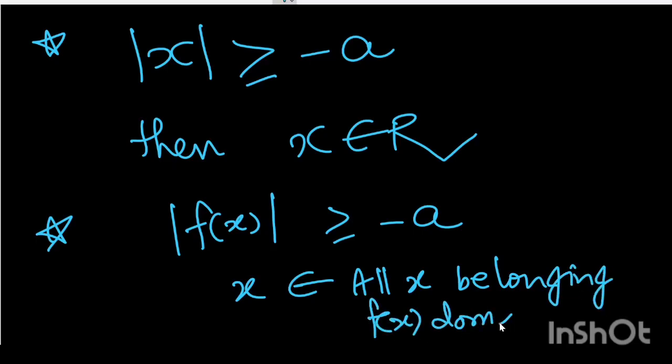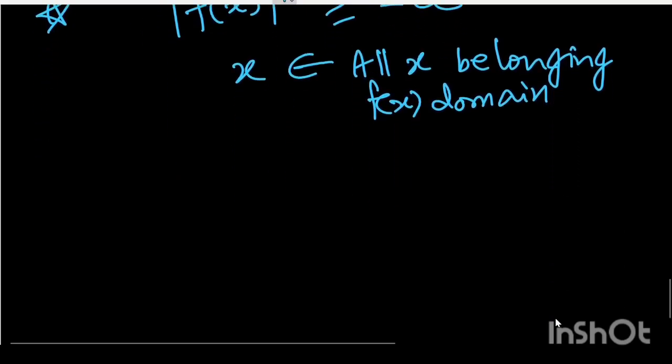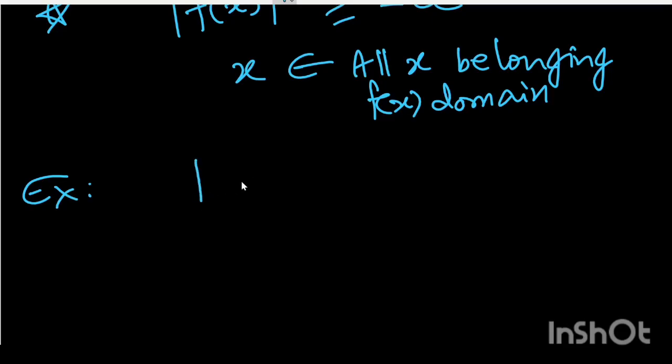What is the domain of f(x)? All possible values of x which can be substituted in f(x), so that f(x) gives a real value. Regarding this domain part, it will be discussed in detail in functions.